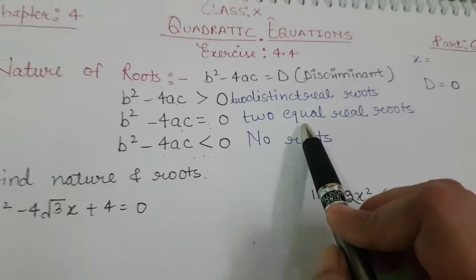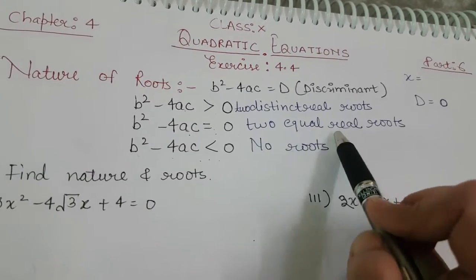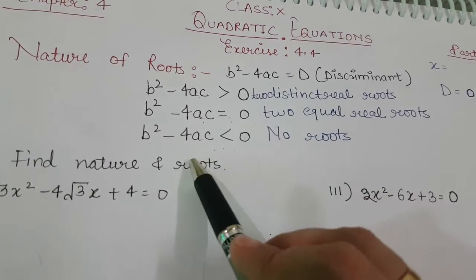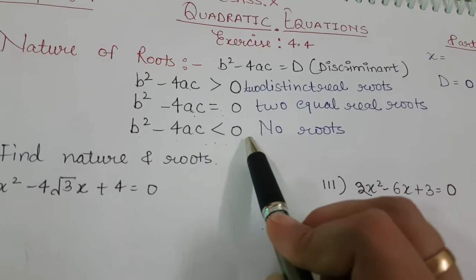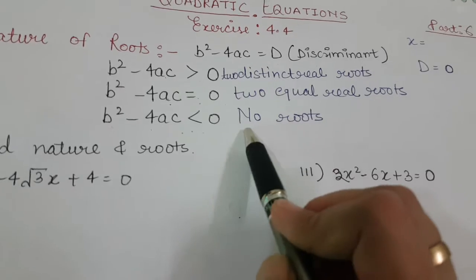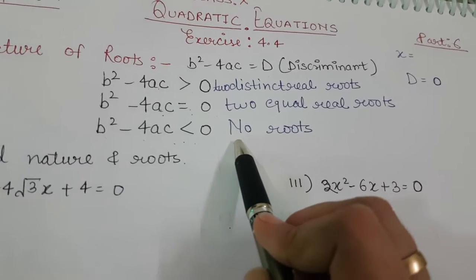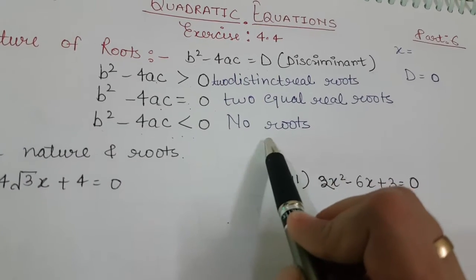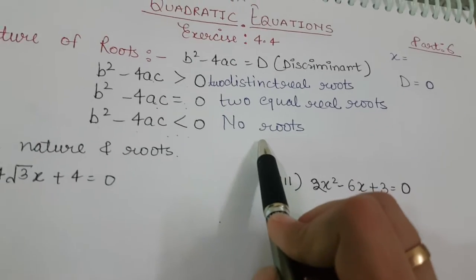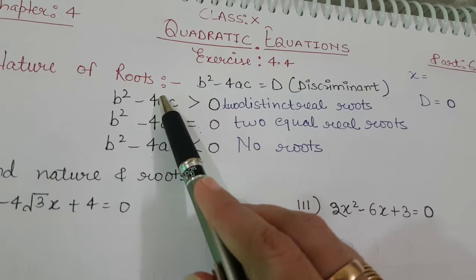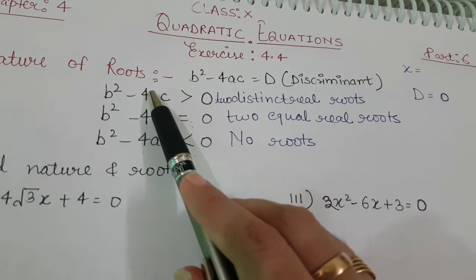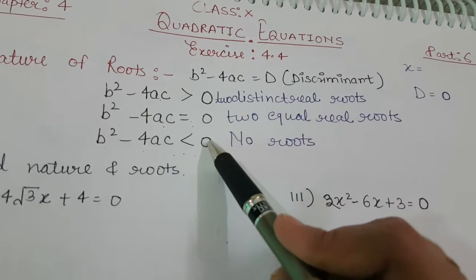So the nature of roots will be two equal real roots. And if b square minus 4ac, meaning D value, is less than 0, meaning negative, then roots don't exist, meaning the nature of root is no roots. Fine. So b square minus 4ac is the formula to find the nature of roots, and these three are the types.